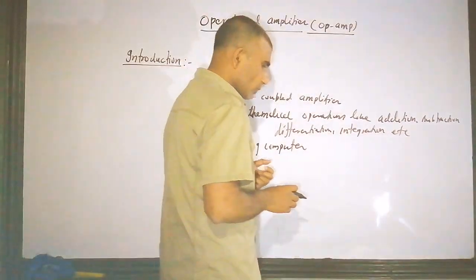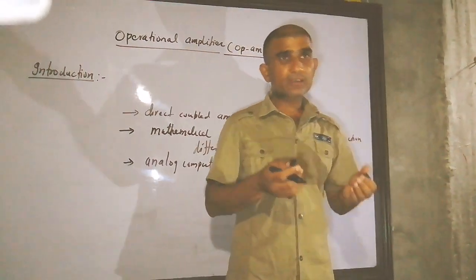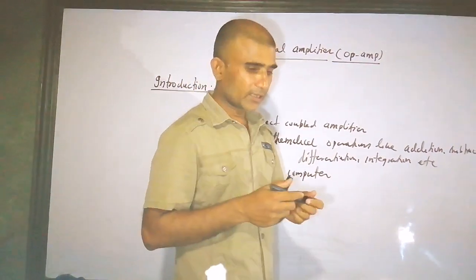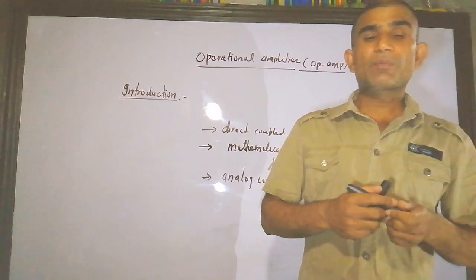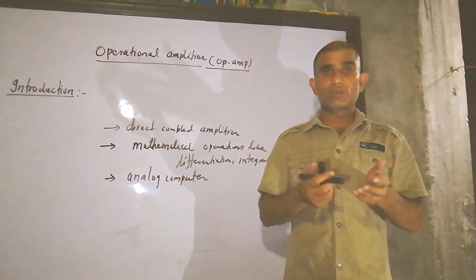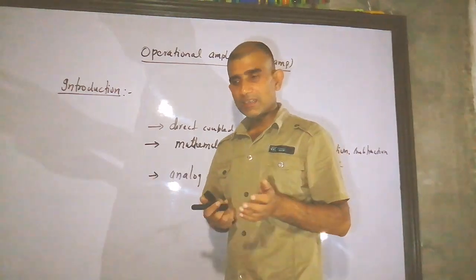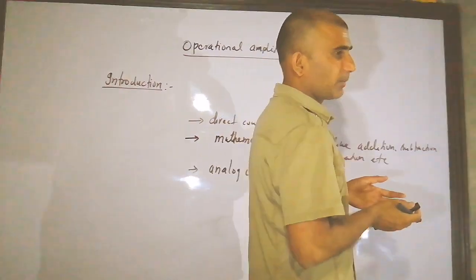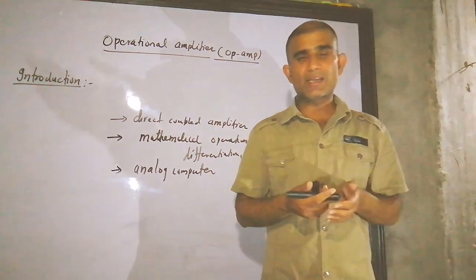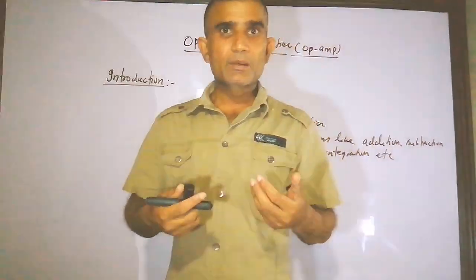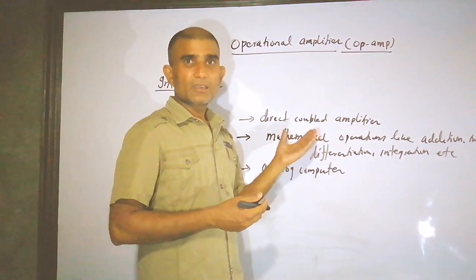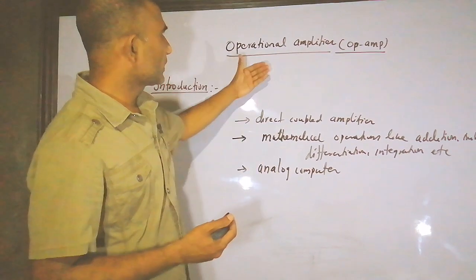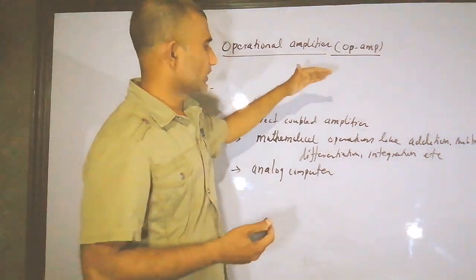It has many great features, and one important feature is that it can even amplify DC. The other amplifiers which we have learned, CE, CC, CB, were AC amplifiers. That means we give a signal and that signal is amplified. But in this case we can amplify a DC voltage also. So this is a very important amplifier part of electronics.